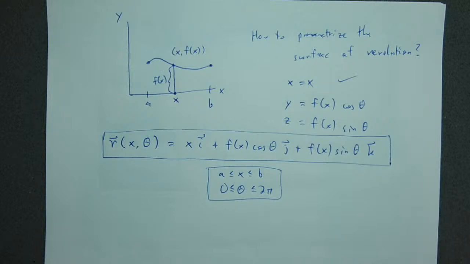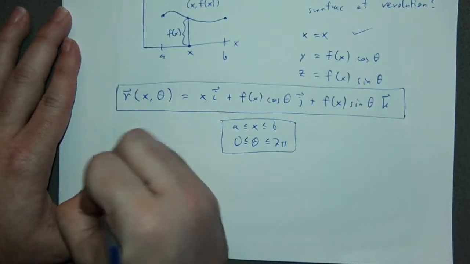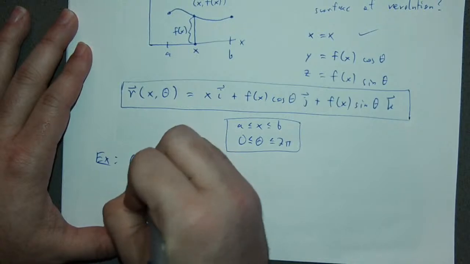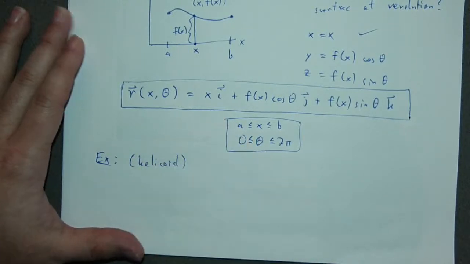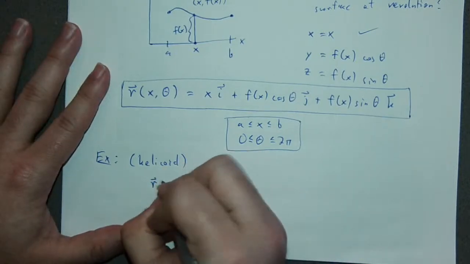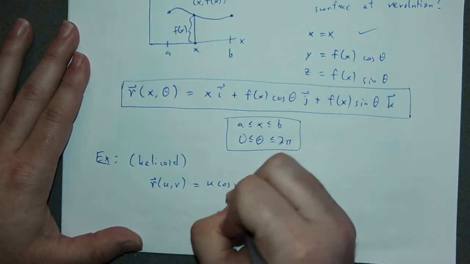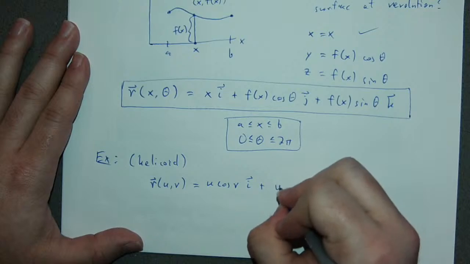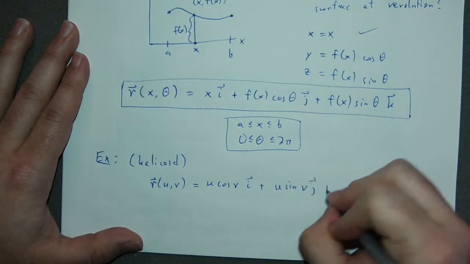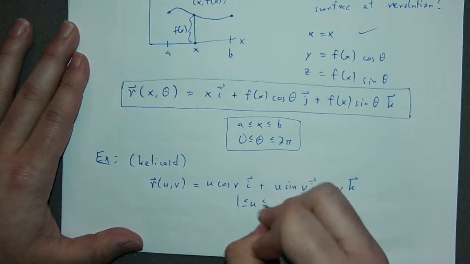Okay, one more thing, and then I'll be done, and then I'll answer some of these questions that are in chat. The helicoid that I mentioned last time. If you want to see a parameterization of this helicoid, this weird circular ramp thing that I drew at the end of lecture last time: the helicoid has parameterization r(u,v) = u cosine v i + u sine v j + v k, where u is the cutoff, so you can make u whatever you want.